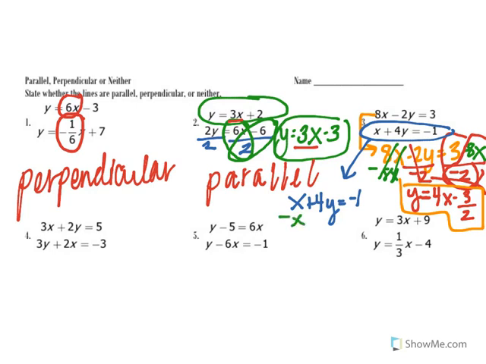So we're going to subtract the x and then divide by 4 on both sides. So y equals negative 1x over 4, and then negative 1 divided by 4.